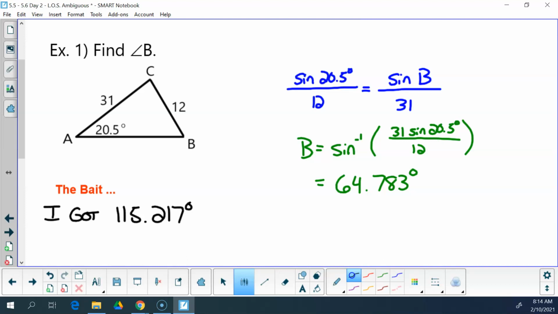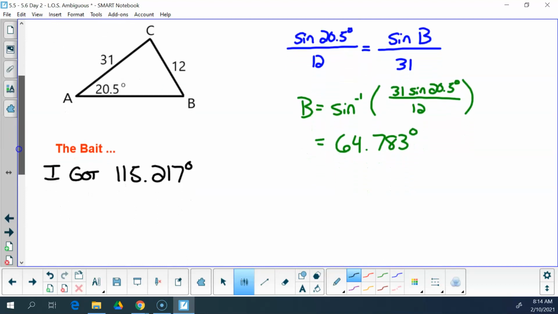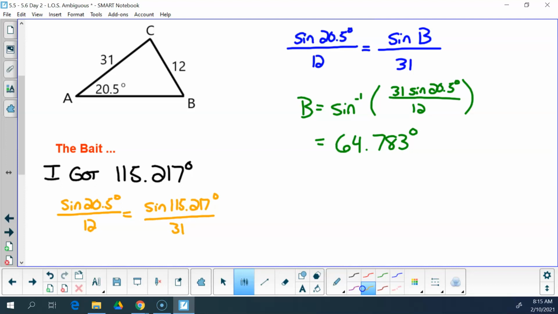And I checked it, and it worked out. Because what I did then is I said the sine of 20.5 degrees divided by 12, and I said, well, what's the sine of 115.217 degrees divided by 31? And so then let's check this one too.